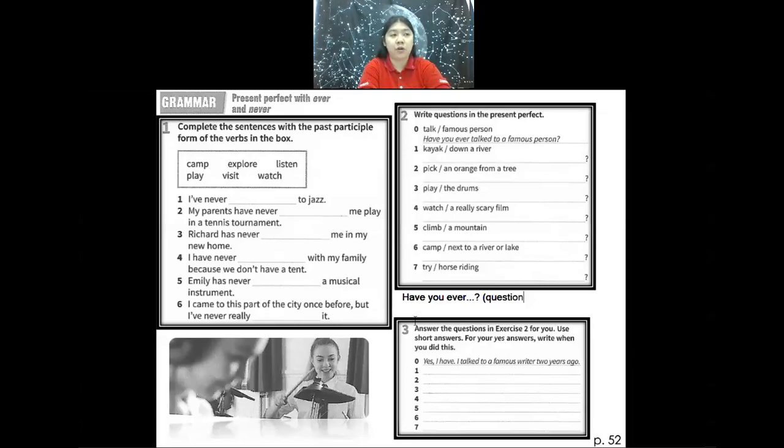So like, I've never kayaked down a river, I've never camped under the stars, I've never eaten sea urchin before, right? So yes, okay, you can use the word never in statements, but you cannot use the word ever in statements.